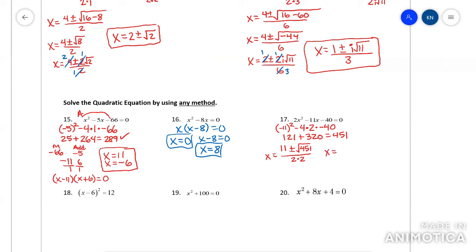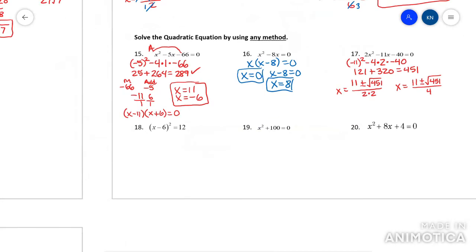So this one would be 11 plus minus root 451 all over 4. And since 11 and 4 cannot reduce each other, you don't reduce this. And in terms of breaking down that root, honestly, if I see 451, I'm probably not going to try to break it down. I'm just going to leave it root 451.